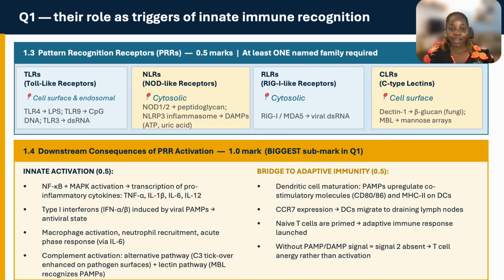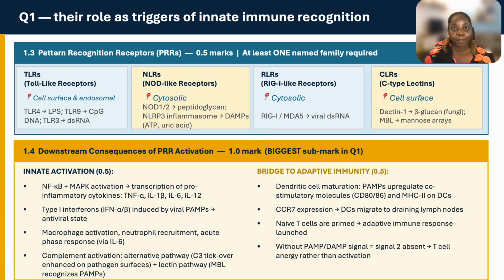So if the student has the whole explanation, not limited to innate activation but also bringing the bridge to adaptive immunity, this is where you have the full 1 mark. It should include both innate activation and the bridge to adaptive immunity to have a complete answer on the role of PAMPs as triggers of innate immune recognition.